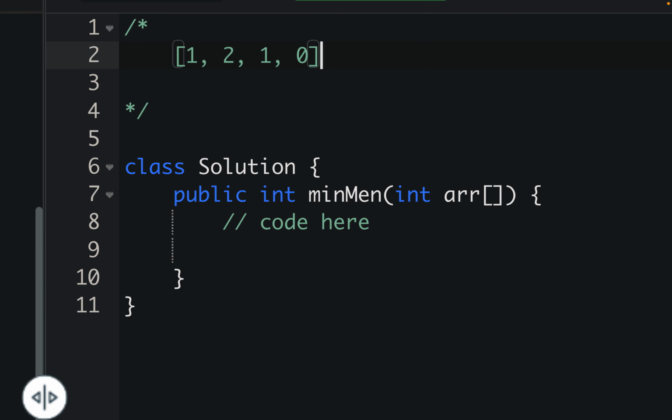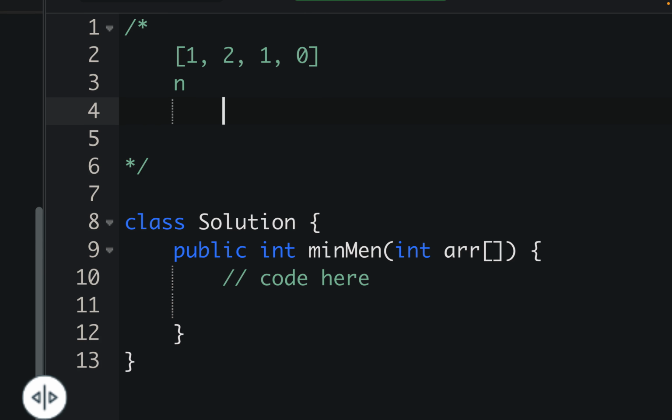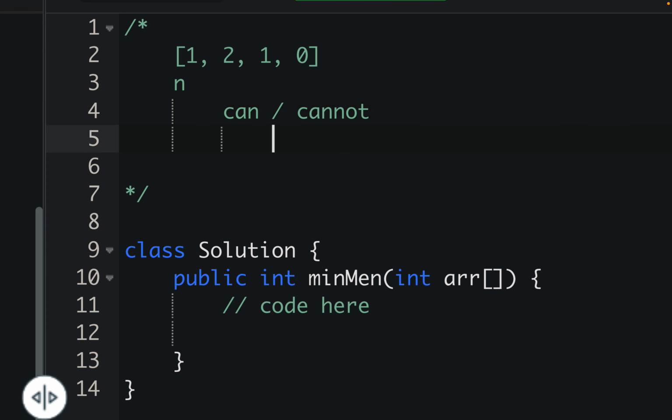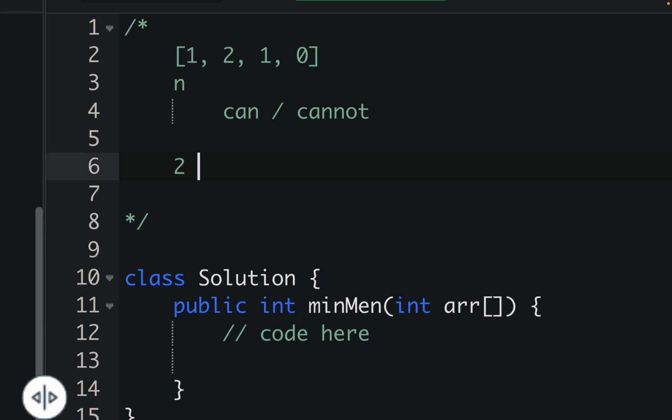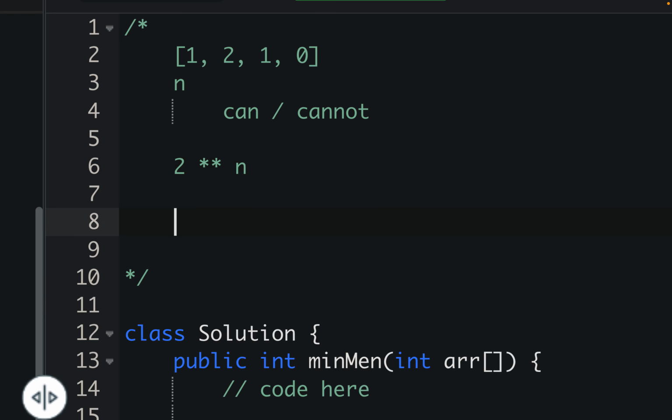So we can take all the combinations of workers who can or cannot do the job, and take the minimum out of them. So you have n workers, each with 2 choices, chosen or not, and that would give you a total of 2 to the power n. Obviously that's not what you want.